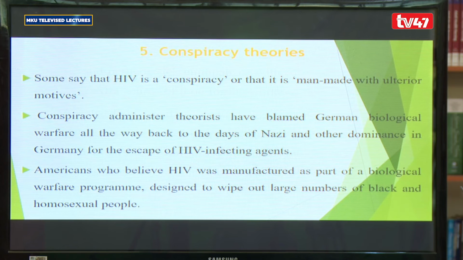The next one we are talking about is the conspiracy theory. We are saying that HIV is a conspiracy, that it is man-made with ulterior motives. Conspiracy theories have blamed German biologists' warfare programs, all the way back to the days of the Nazis and other dominant figures in Germany, for the escape of HIV or infecting agents.